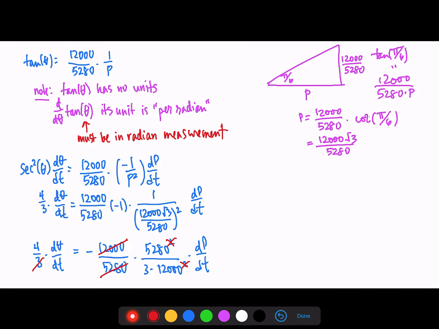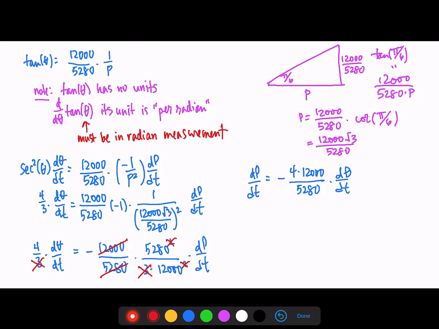And I can multiply both sides of my equation by 3, so those 3's can cancel. Now let's solve for dP dt. dP dt is negative 4 times 12,000 over 5280 times d theta dt.